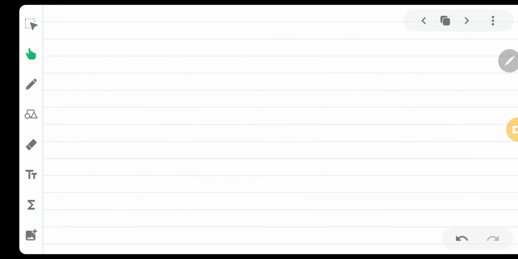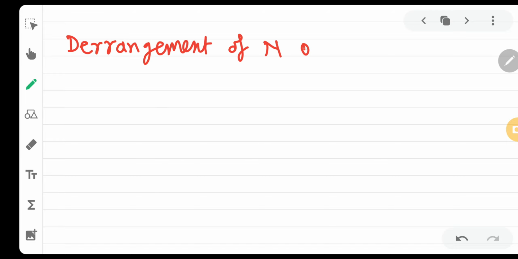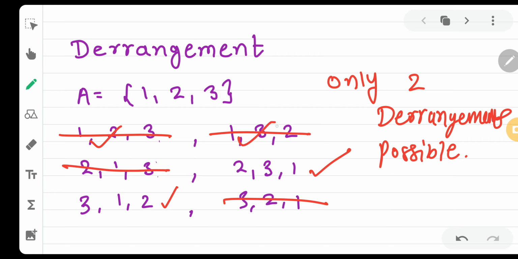If you can see, for derangement of n objects, let me call this as derangement of n objects dn. Okay, but if you can see this, we have cancelled some of the things. Which were the things? The things in which the elements were present at its original position.